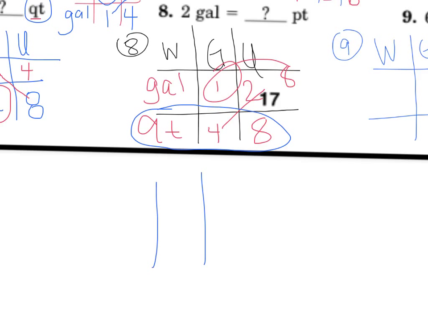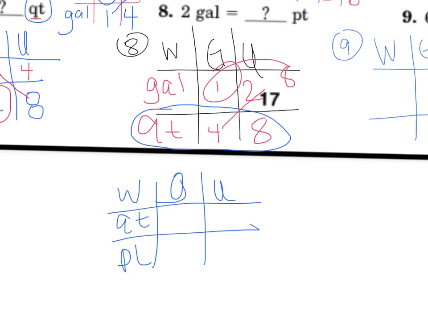So here's my second WGU table. And now I'm going to go from quarts to pints. So that's 8 quarts. This comes from the math chart. Quarts and pints. 1 quart equals 2 pints.